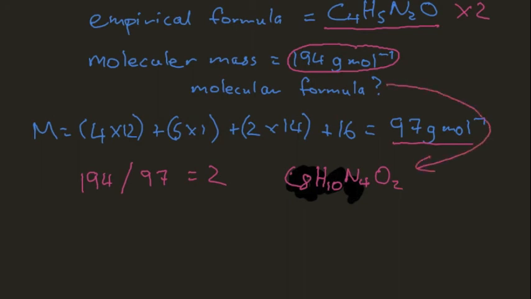Alright, and as we can see, that's nice and easy. It's just double our empirical formula. Our empirical formula has a mass of 97, which we calculated earlier. If we double that, it gives us 194. So we just have to double the numbers in our empirical formula, and we get a nice molecular formula of C8H10N4O2. Hope that was easy to follow.